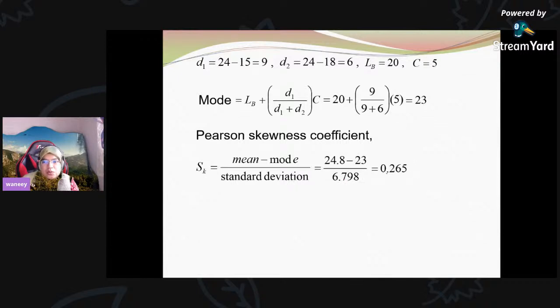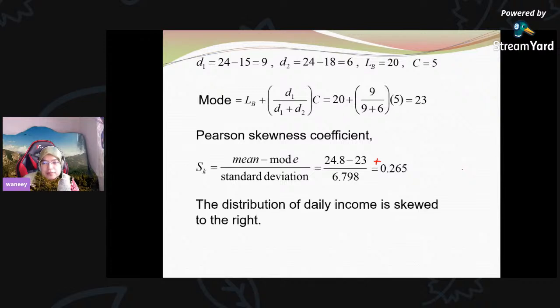So we have 0.265. We need to be very careful about the sign for this one. The sign here is positive, so that means it is greater than 0, or you can say that this is positively skewed. The distribution of daily income is skewed to the right, or you can call it positively skewed.